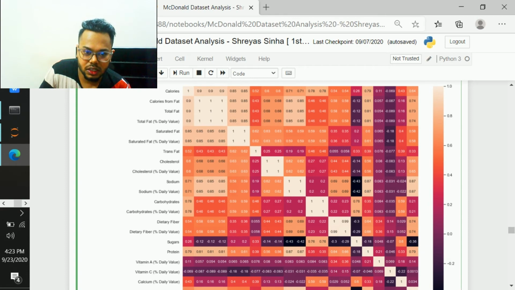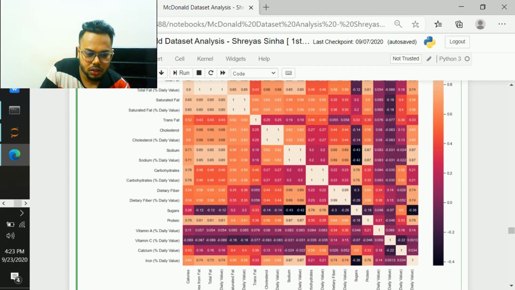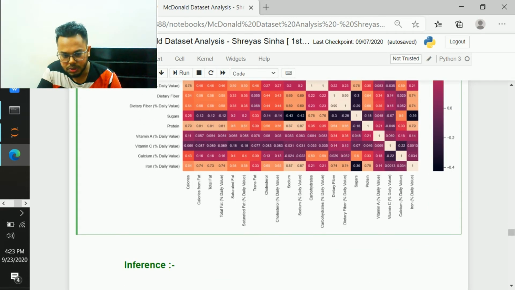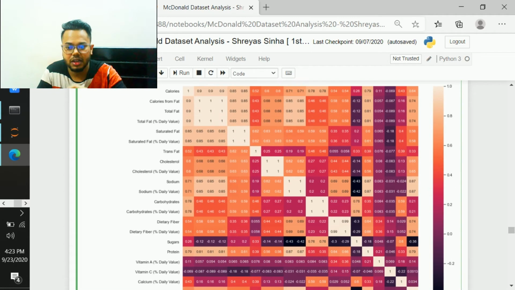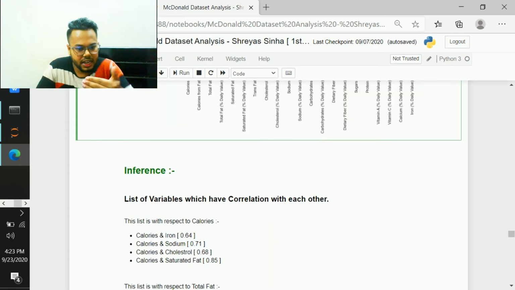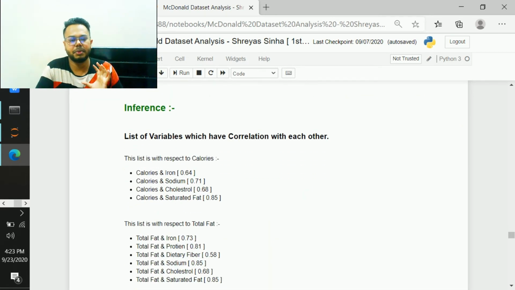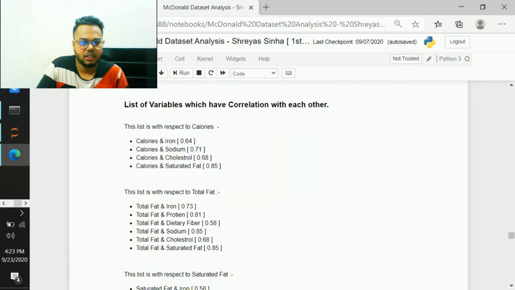We can see all the columns here, and the correlation is happening here. I had to look at this multiple times. The entire inference has been very cleanly presented.